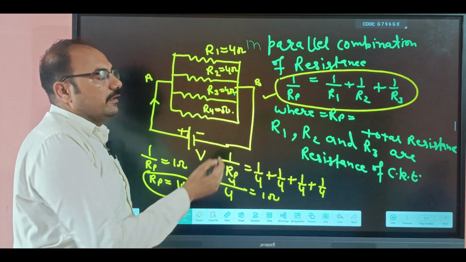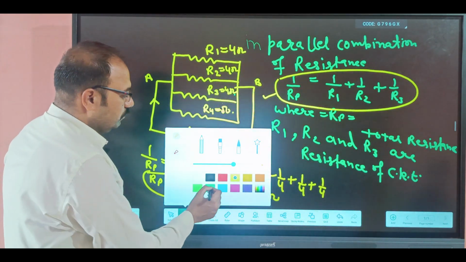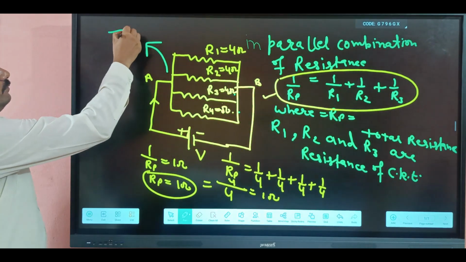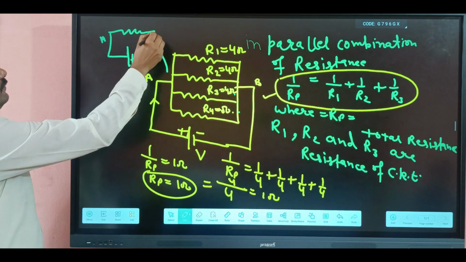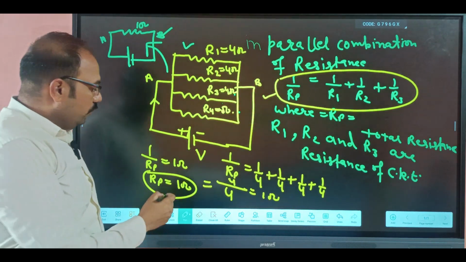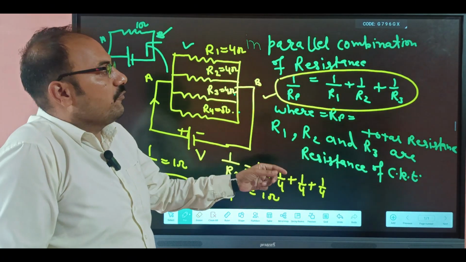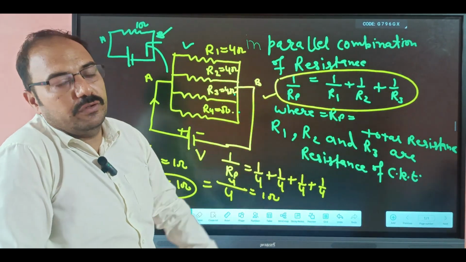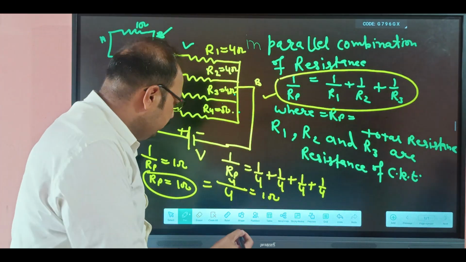This circuit can be replaced by a single resistance between A and B equal to 1 ohm. Both circuits are the same, and we can easily find the equivalent resistance using this formula. This is an important formula to determine the resistance of a circuit.